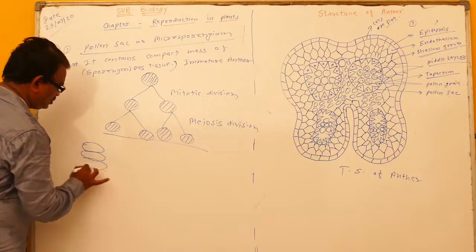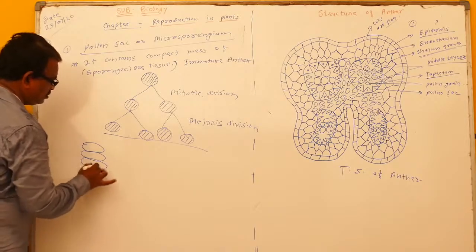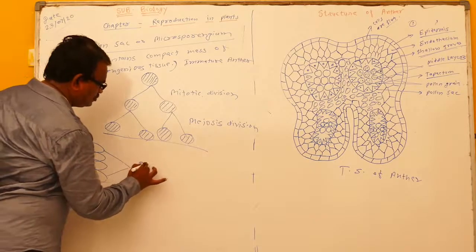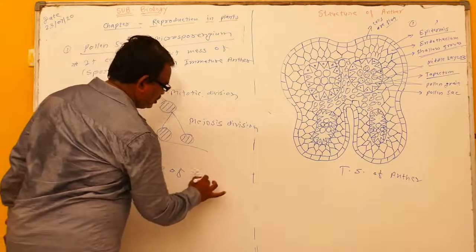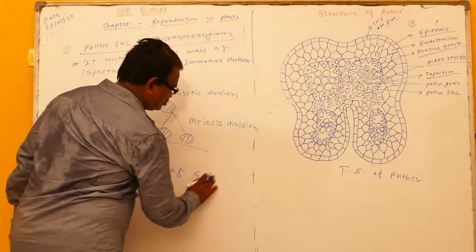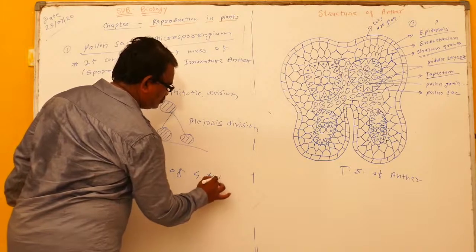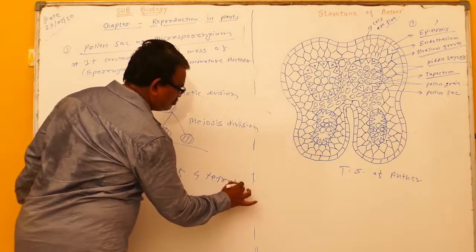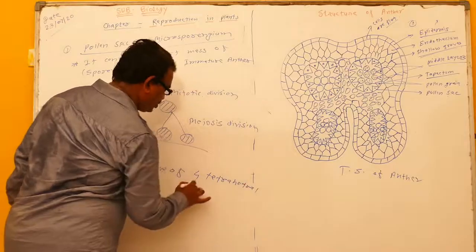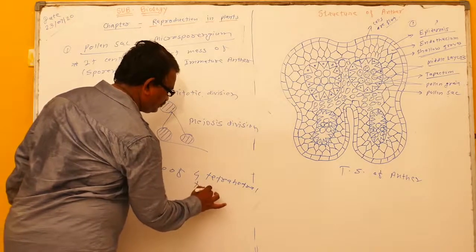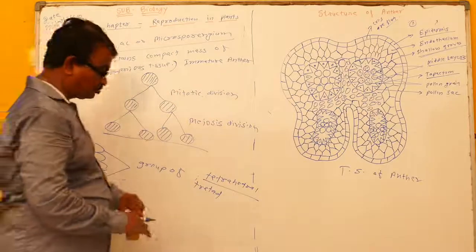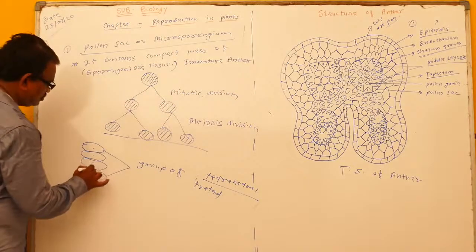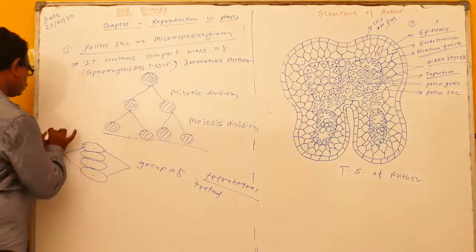This is a tetrahedral group of four. Tetrahedral means four. These are the microspores.